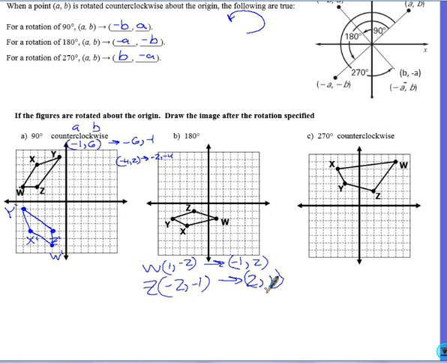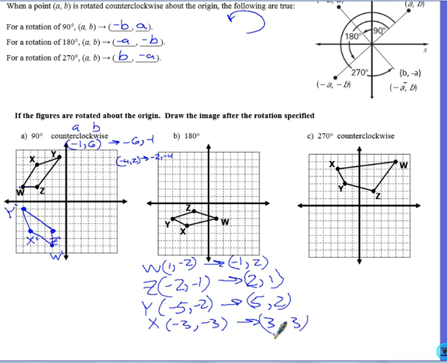Point Y is at (-5, -2). When I negate that, that becomes (5, 2). And point X is at (-3, -3). When I negate that, that becomes (3, 3).